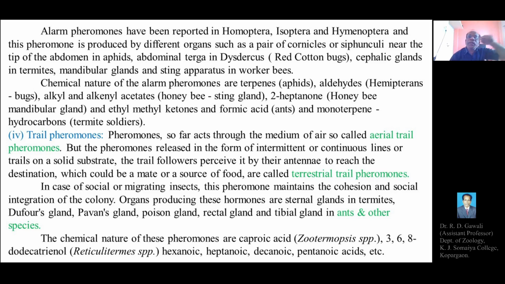So this represents the trail of the pheromone secreted or released by birds or insects in the atmosphere or on the substrate, which indicates the way, or a track or road, that will be followed by other members of the same species.